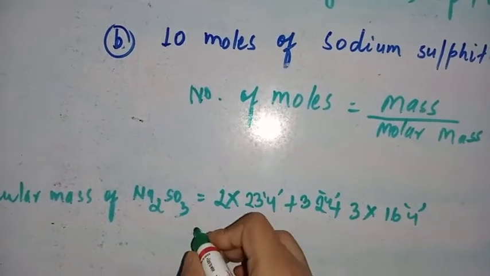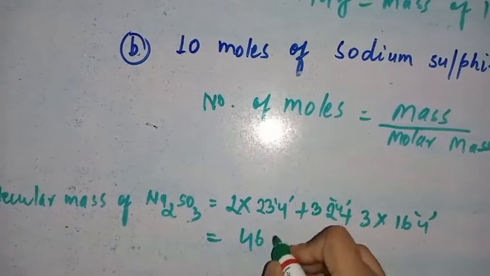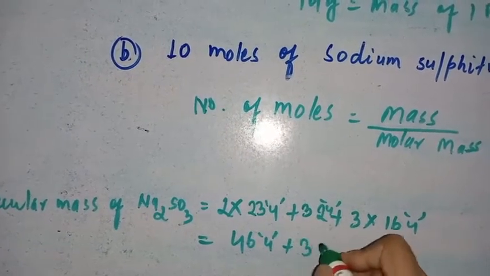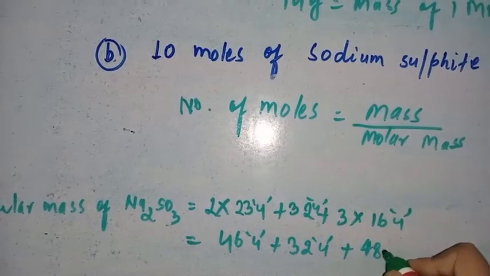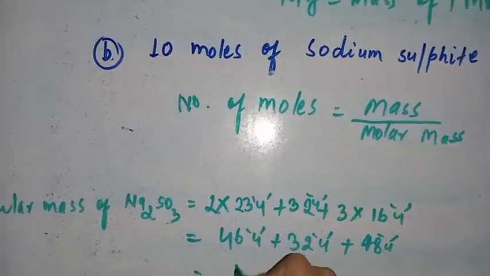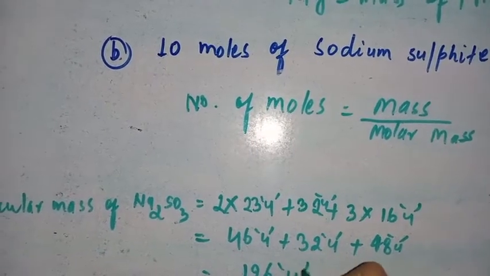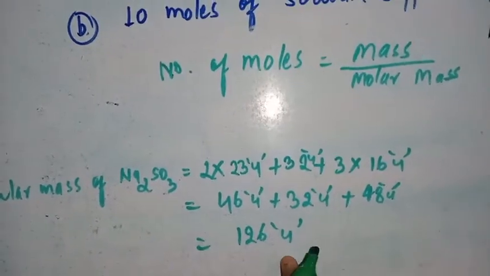So we will get here 23 into 2, 46 u, plus 32 u, plus 3 into 16, it is 48 u. So we will get here 126 u. So the molecular mass of sodium sulfite is 126 u.